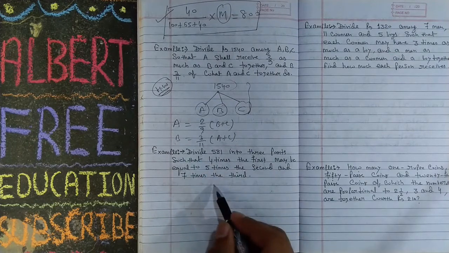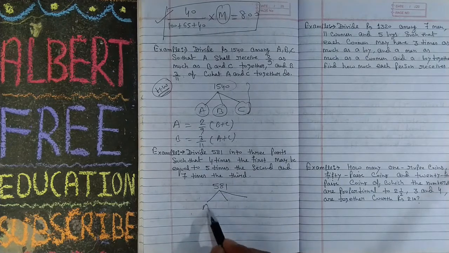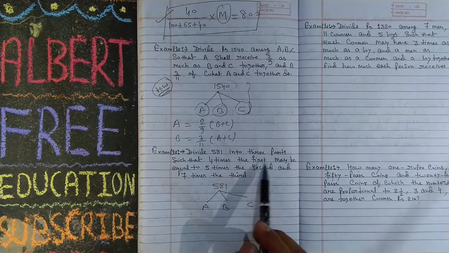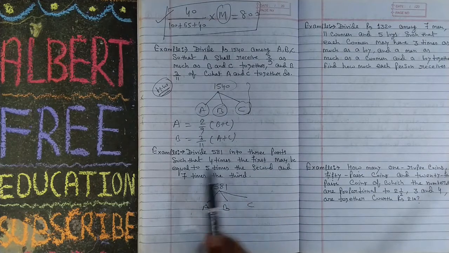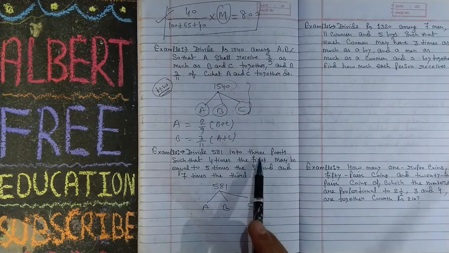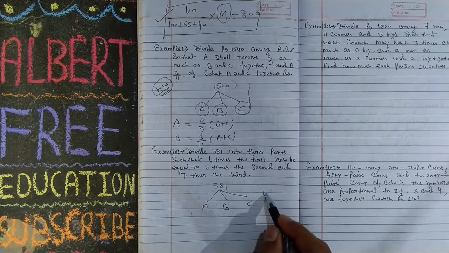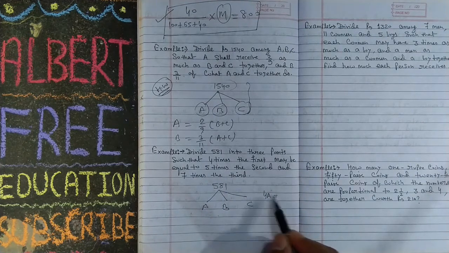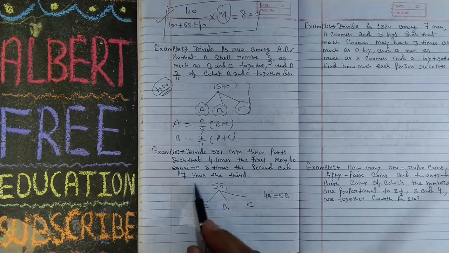You have to divide 581, your money, into 3 parts A, B, C, such that 4 times the first may be equal to 5 times the second and 7 times the third.